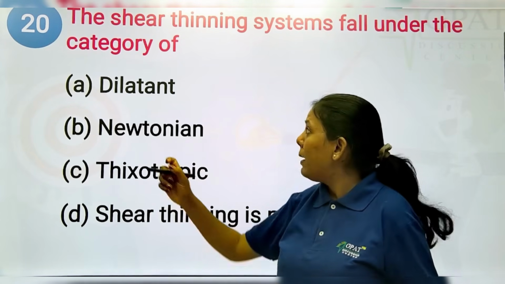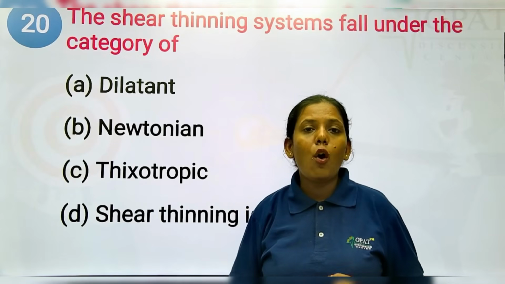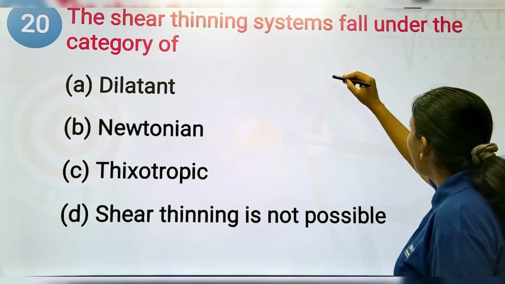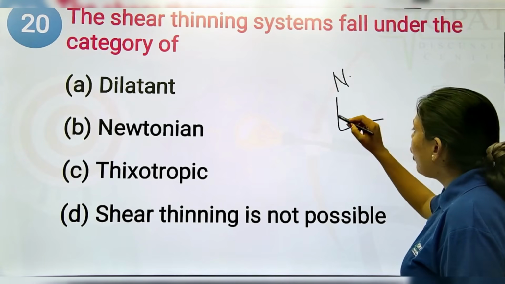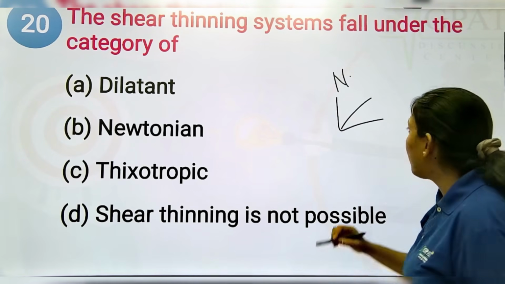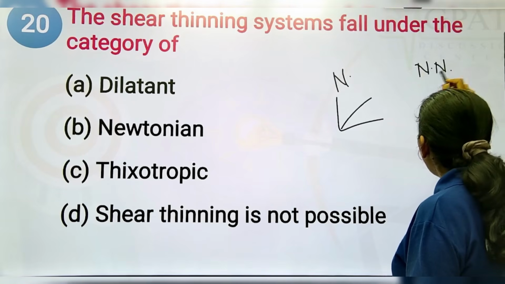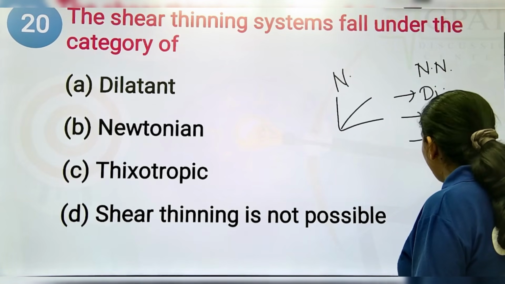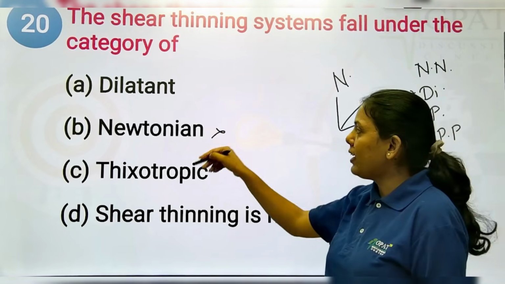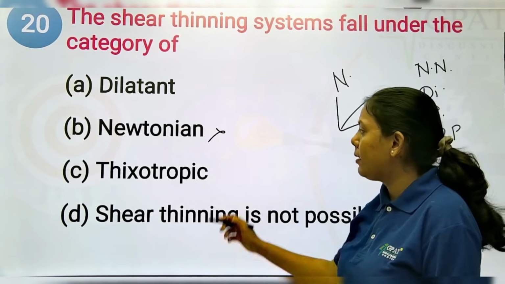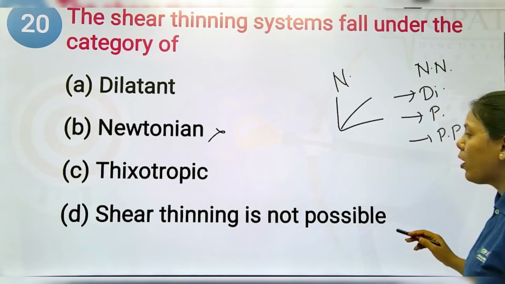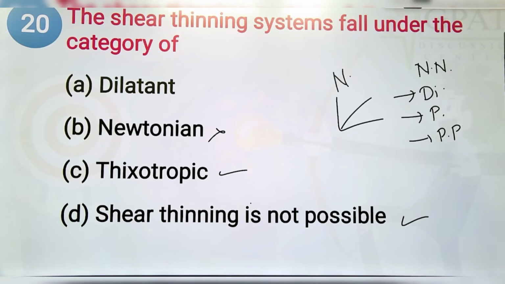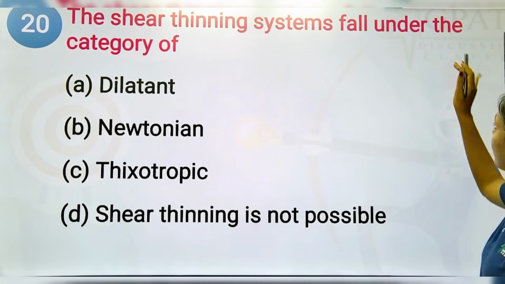Shear thinning comes under your non-Newtonian fluid, right? The flow of fluid is categorized as Newtonian fluid where the rate of shear and the shearing stress are directly proportional. Then you have non-Newtonian, which is having dilatant or shear thickening, plastic, pseudoplastic. Newtonian is not there because that is not the shear thinning system. Basically, it is the category of the thixotropic substances. Option C is the right answer.